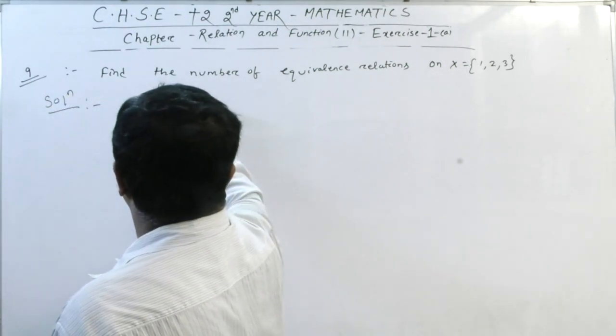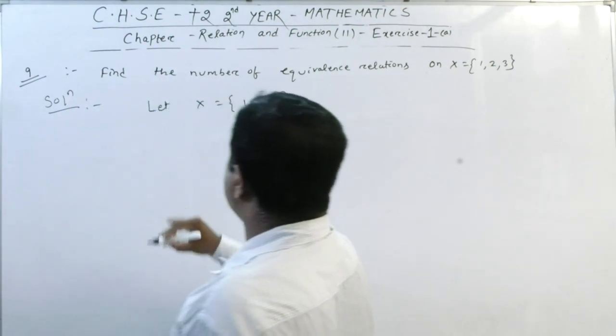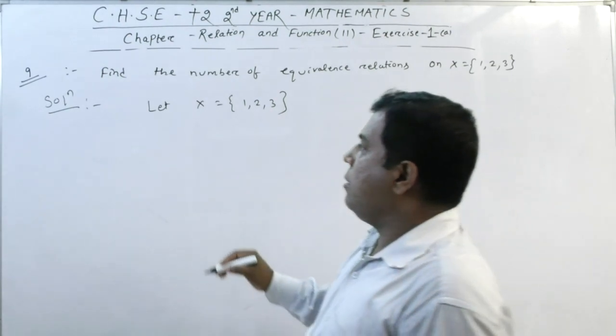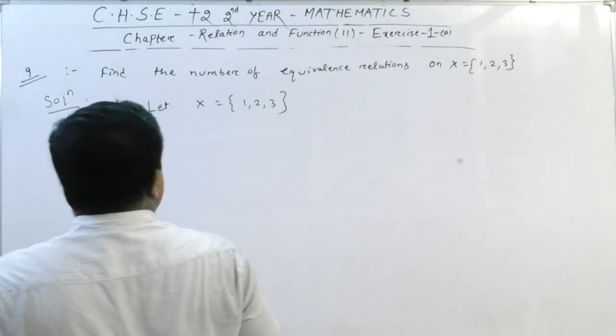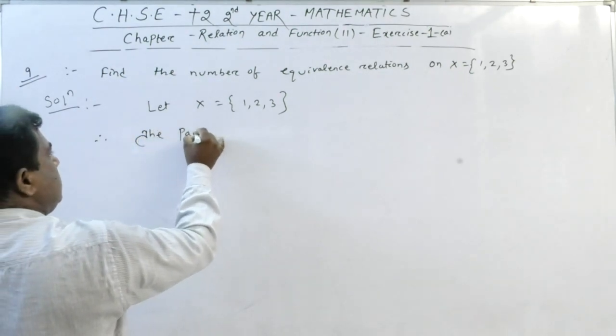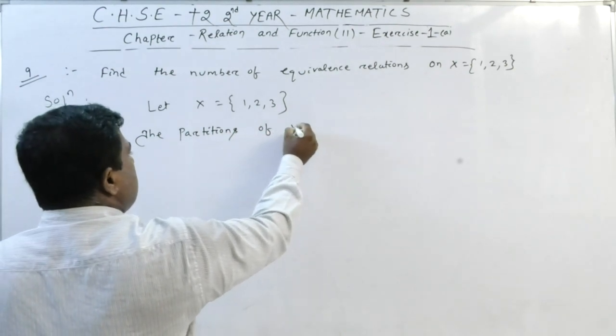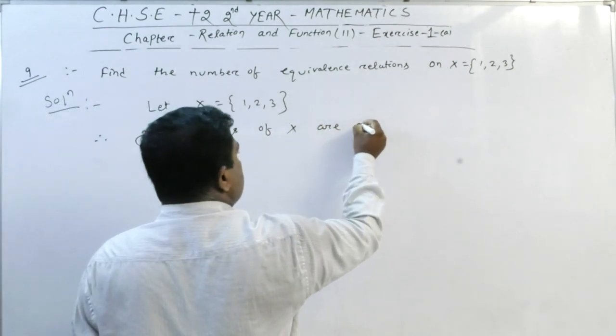Let X equal to {1, 2, 3}. Okay, so if X equal to {1, 2, 3}, therefore the partitions of X are as follows.